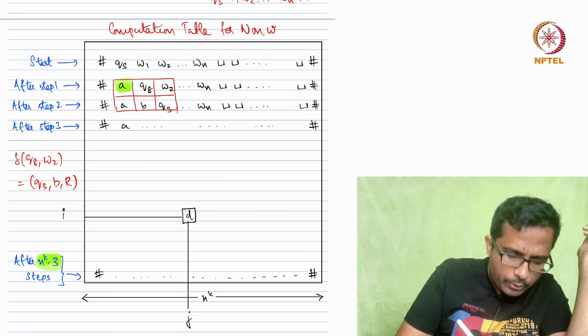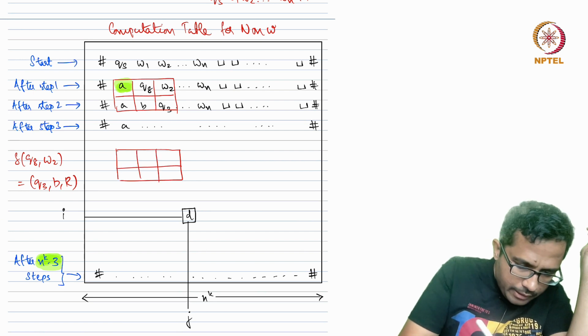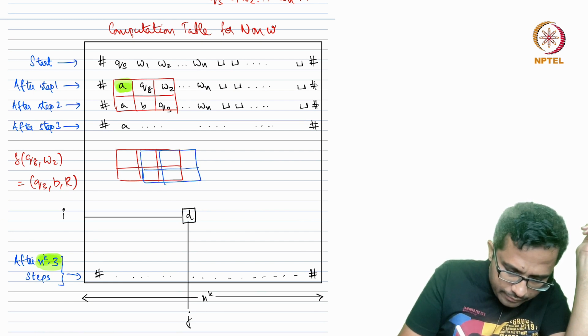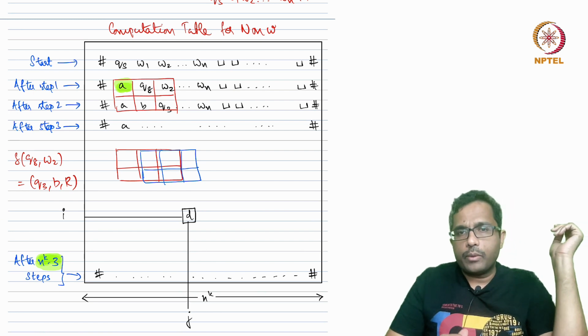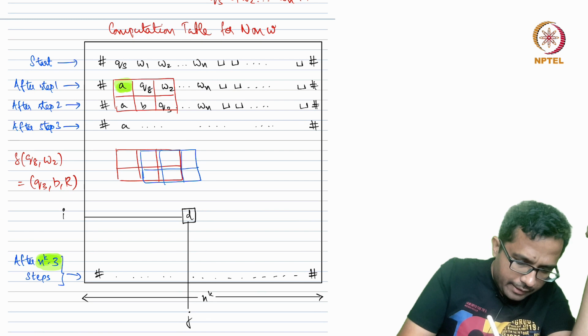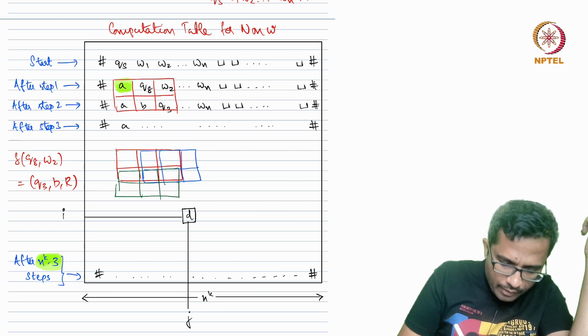There will be overlap. If there is a window like this, the next window will be something like this, with everything moved one step forward, and the next window will be again this, and yet another window will look something like this, one step below.